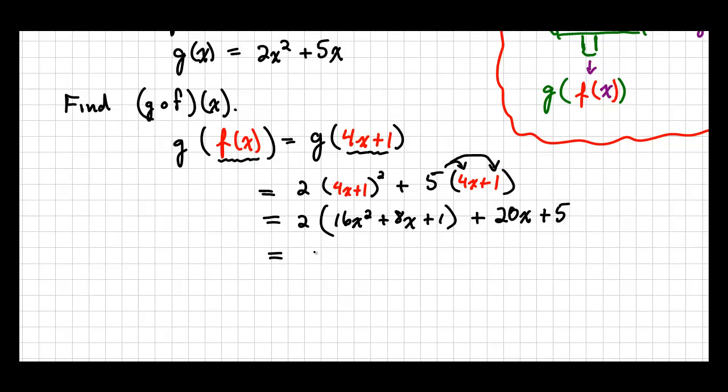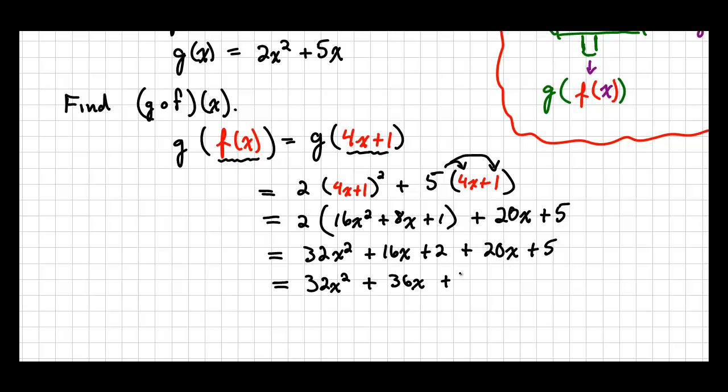Okay, so I got to distribute the 2 now, so you get 32x squared plus 16x plus 2 plus 20x plus 5. Collect some like terms, so we get 32x squared plus 36x plus 7. So that's our composed function.